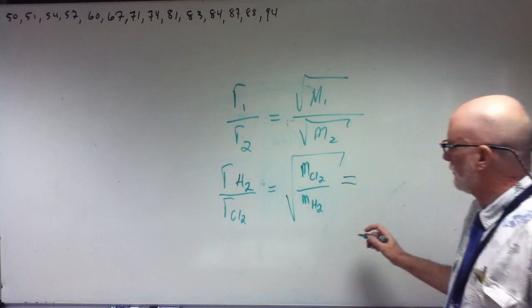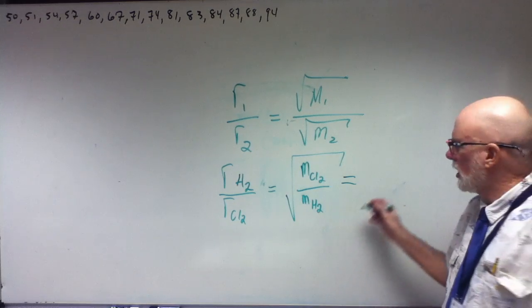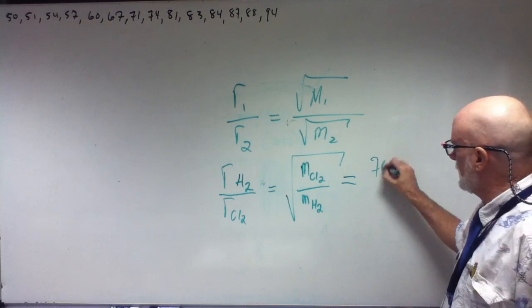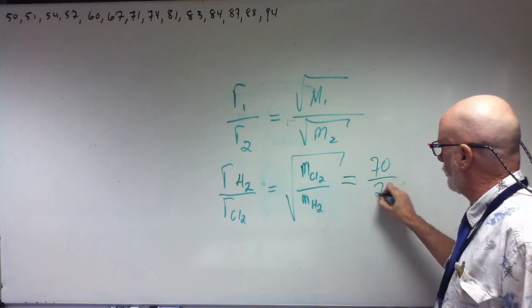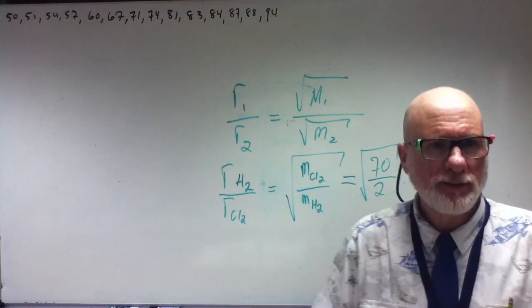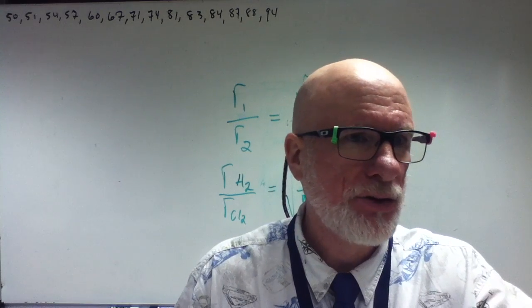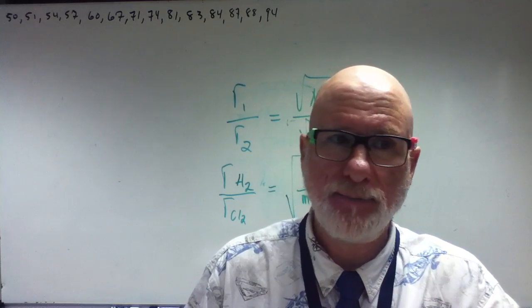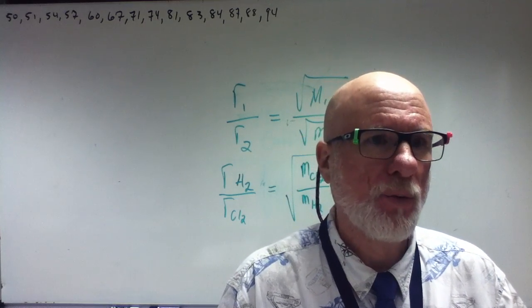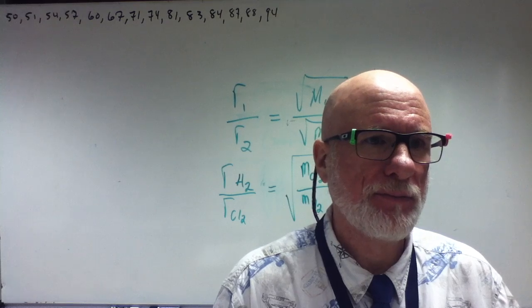It's 35.5. But take the root of it. So 70-ish over 2, right? 70 over 2 is 35. What's the square root of 35, Neve? Estimate. Let me help you. What's the square root of 36, Neve?